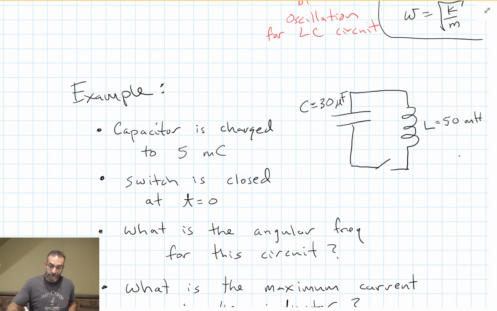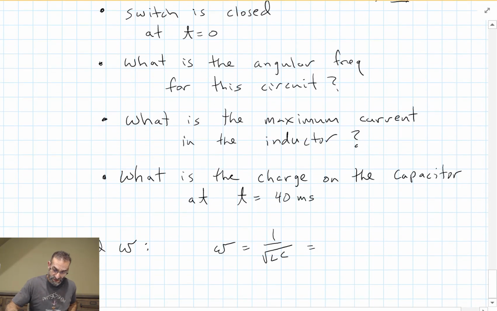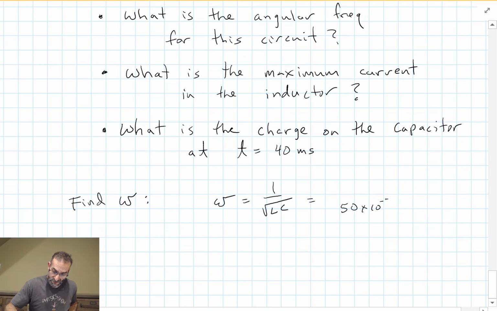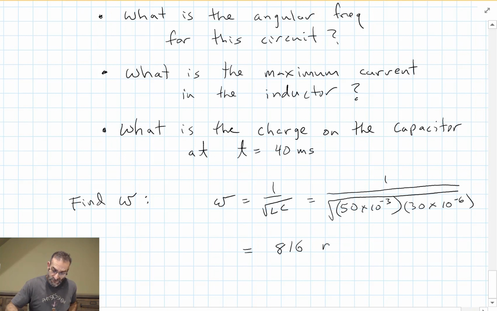L is 50 millihenries, C is 30 microfarads. I got 816 radians per second for omega, the angular frequency of oscillation.